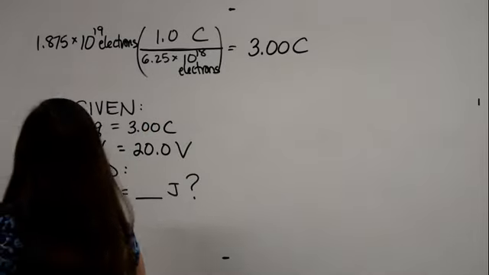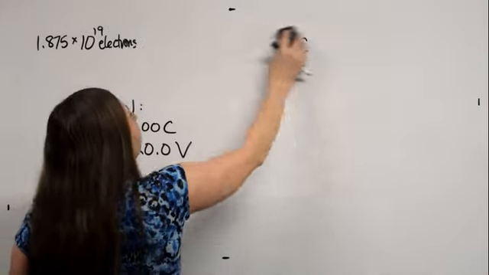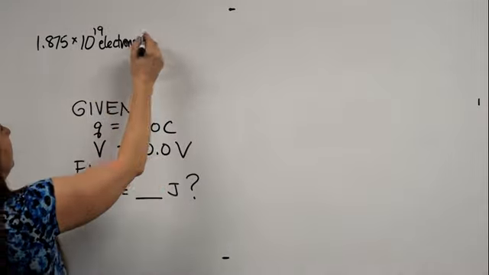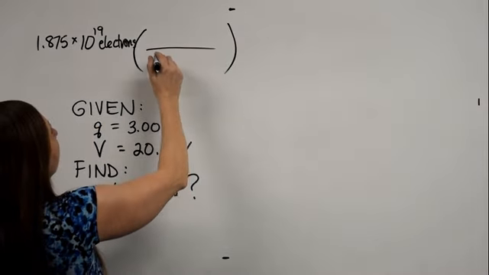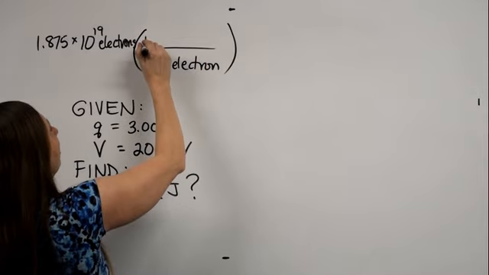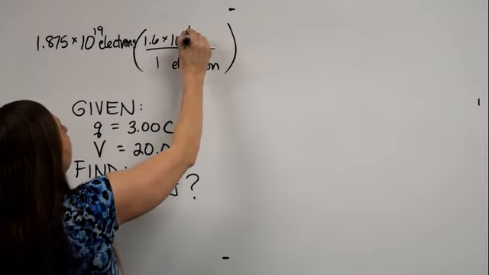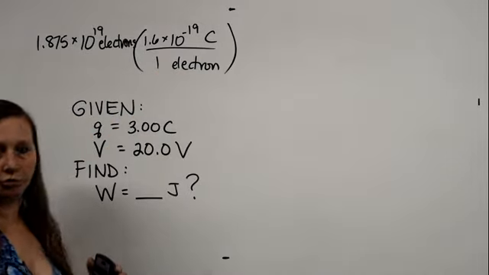Now, what's another way that we could do that? What we could do instead is take that number of electrons and say that 1 electron has a charge of 1.6 times 10 to the negative 19 coulombs. That is also true.